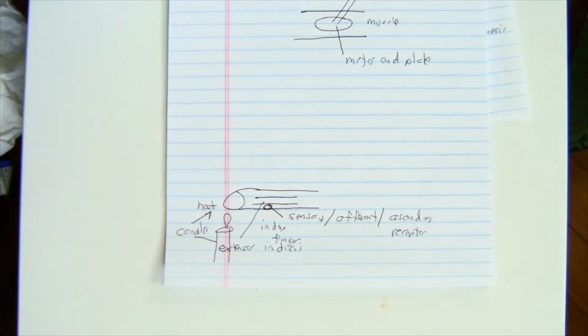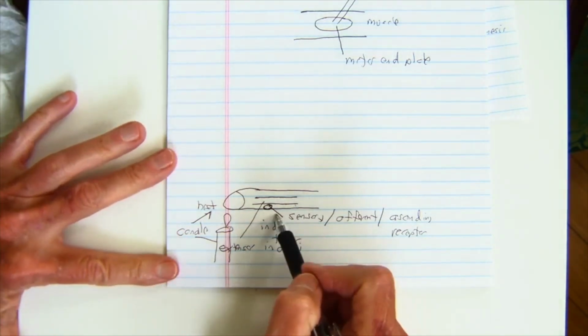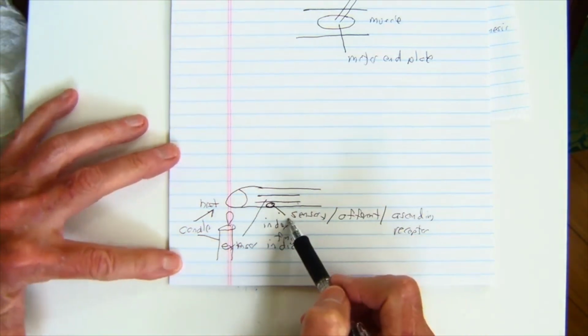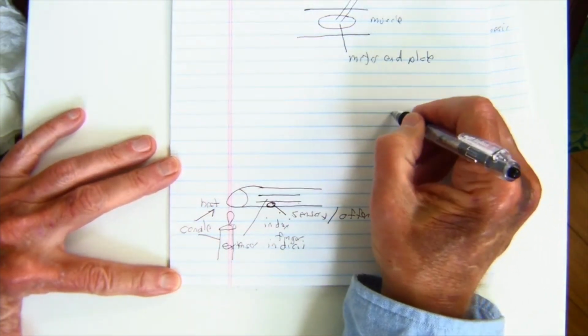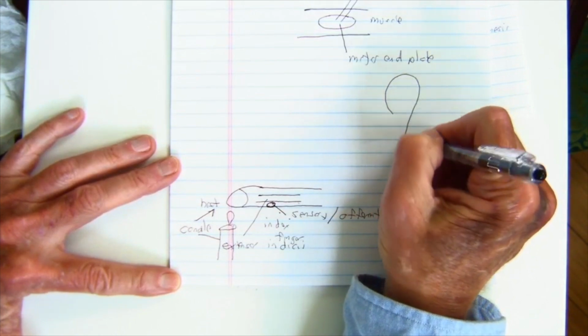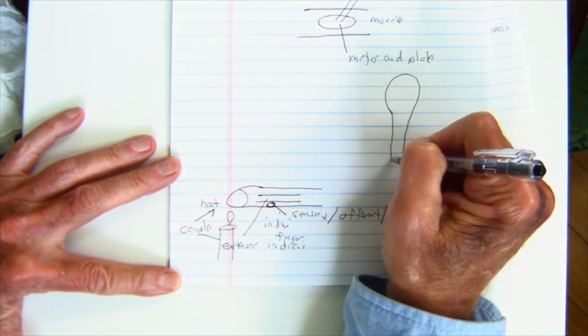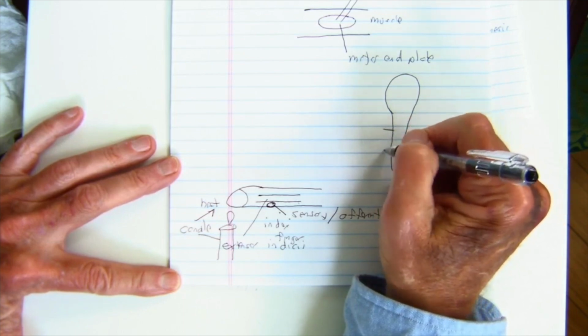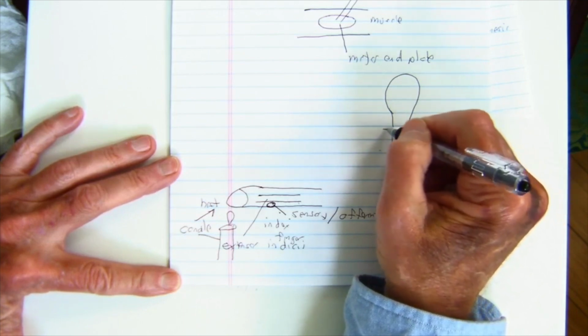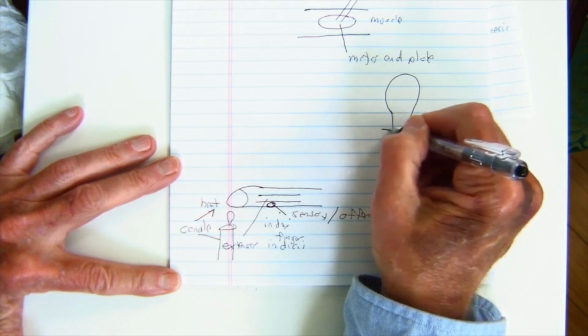Well, that receptor says, I need to get that finger moved away. So I'm just going to draw a real simple picture here of the brain, stem, and spinal cord. And remember I said there are spinal nerves coming off of here, and I'm just going to draw one of them for today's purposes.